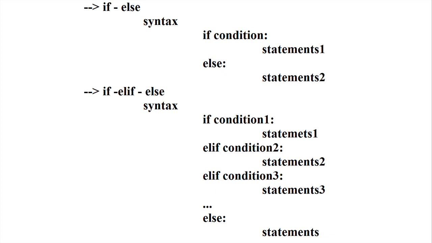Then the next one is if elif, also called else if ladder. It is also known as nested if and if else statement. It is also possible to embed or nest if else statements one within the other.